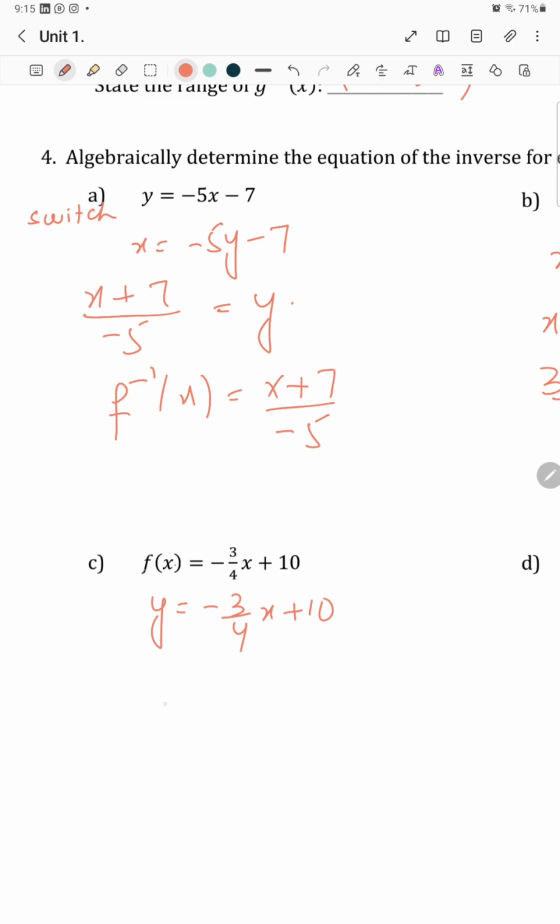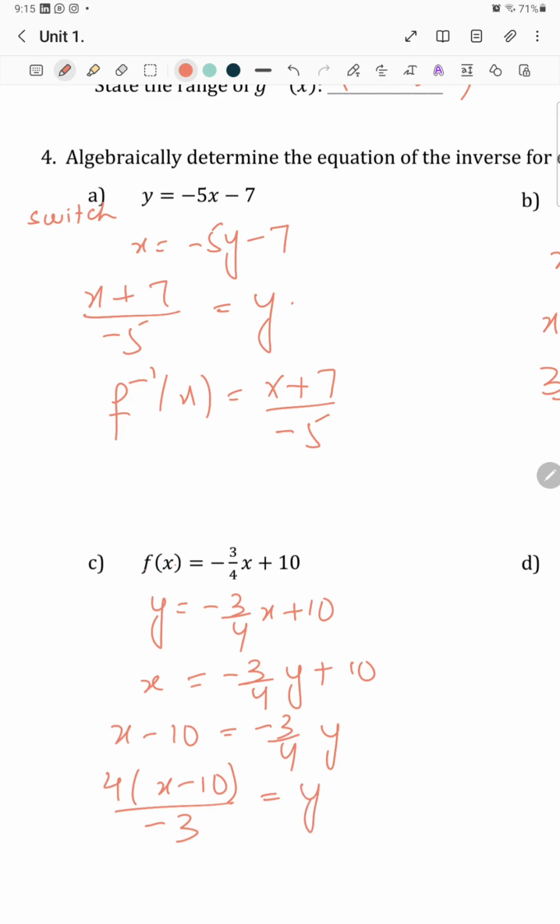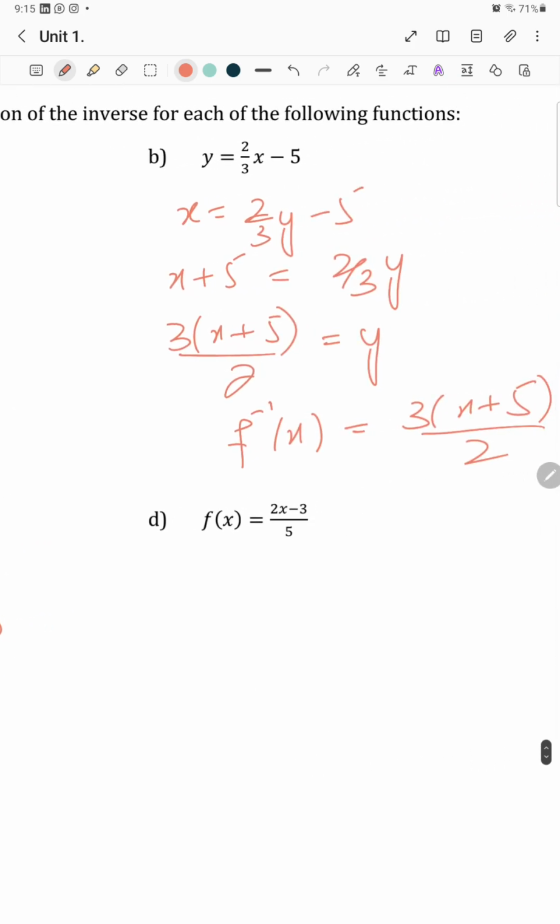If it's f of x, you can write y instead of f of x. Then you can switch. Now switch. Now solve for y.